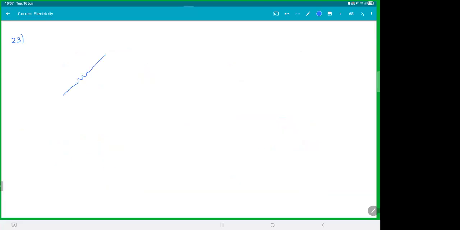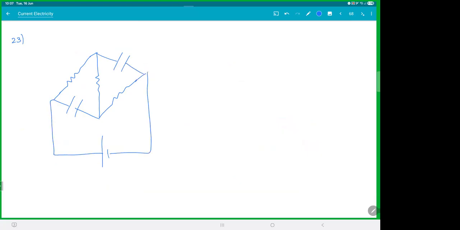So let's do this. If you got this, I think you all understood this steady state stuff. So this is C, this is 2C, this is R, this is R, and this is R. Let's put a switch here.